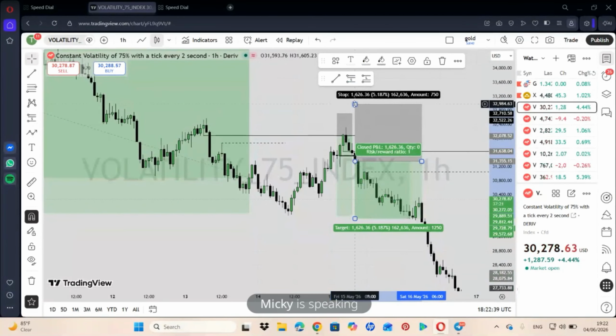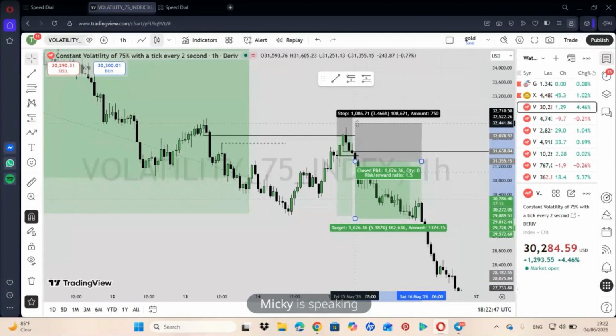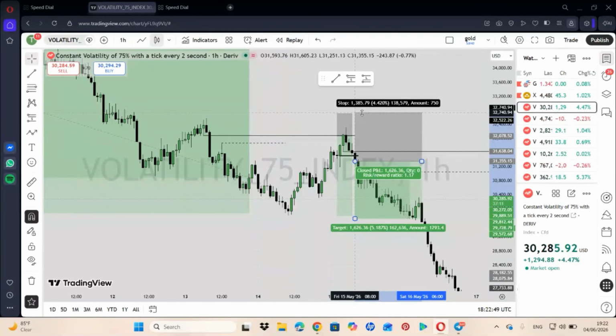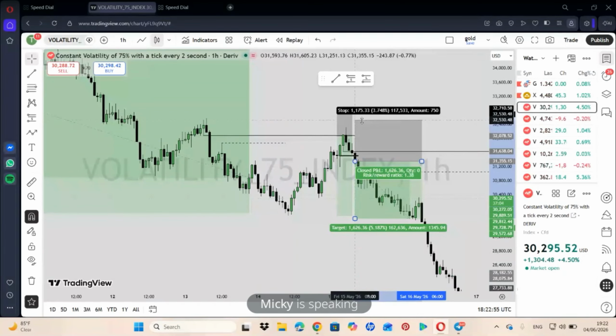If you have a really good account size, this is very important, you can still use the original SL. But if you don't have a good account size, you bring down your SL to above the next resistance level.